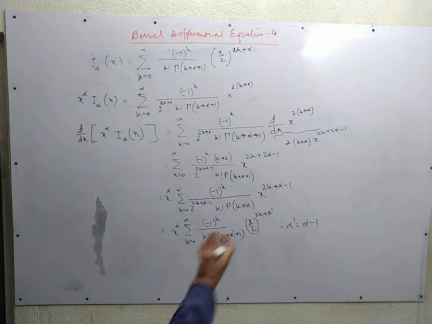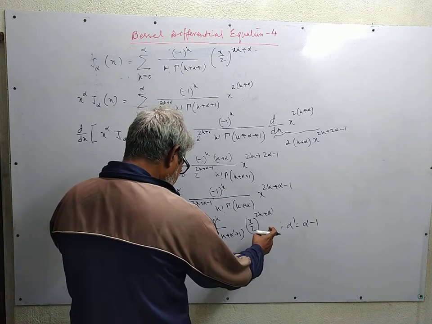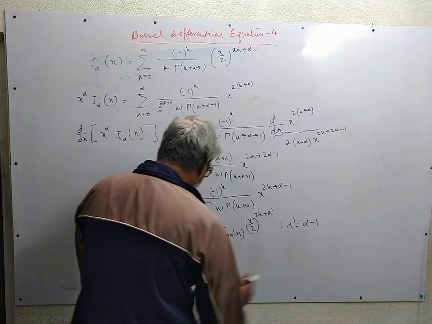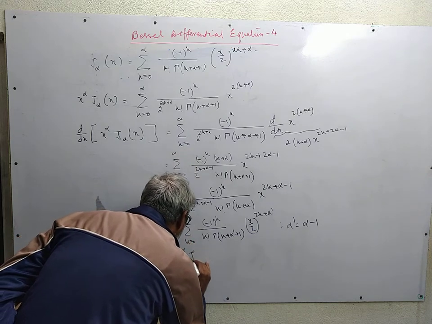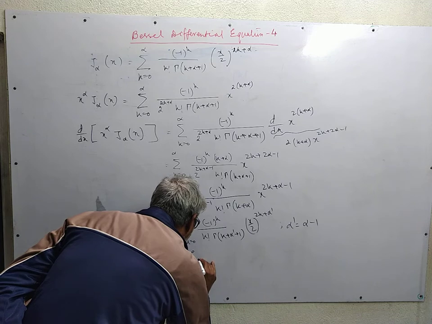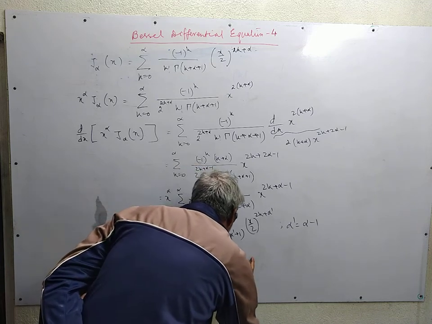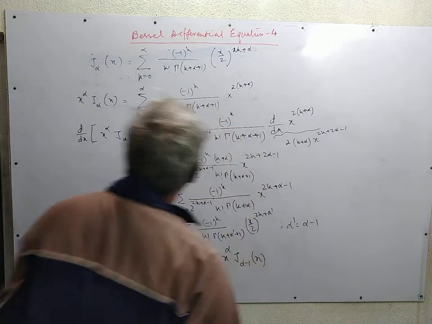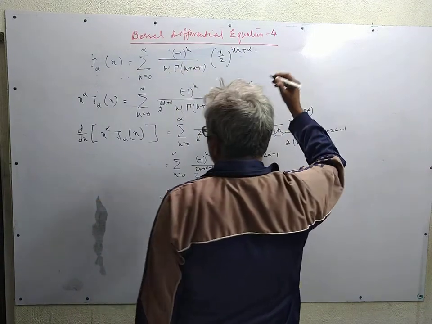So that alpha prime plus 1 is alpha. So this part is J of alpha prime, that is J of alpha minus 1. So we have x to the power alpha J of alpha prime of x, this is x to the power alpha J of alpha minus 1 of x. So we obtained one relation.